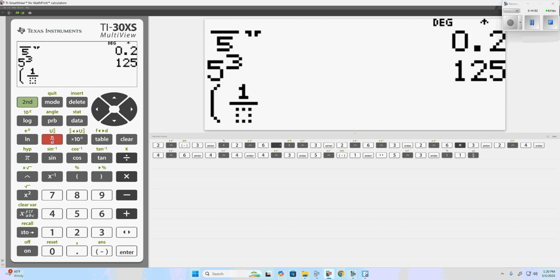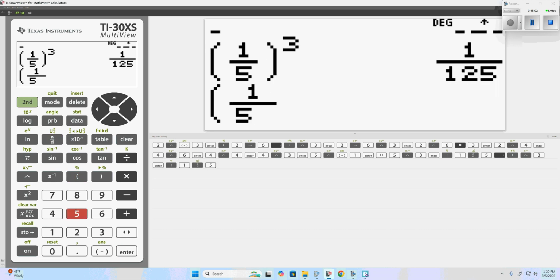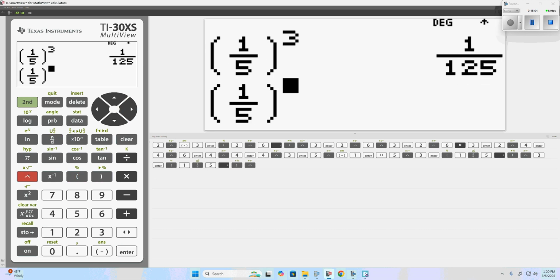We're asking about 1/5, yes? 1/5 to the third is, let's try negative 3. Because a negative exponent is going to make a whole number smaller.